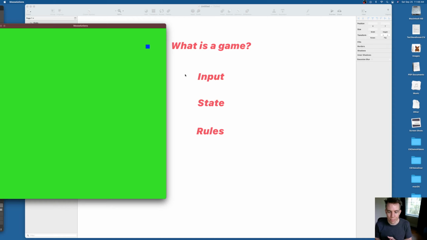Now that's a very basic start to what a game is. Obviously games are in reality much more sophisticated than that, but it does give you something. Okay, are we going to crash here? I'm curious what happens. Okay, did you see that? Our square totally wrapped around. So there you go. That's kind of cool.